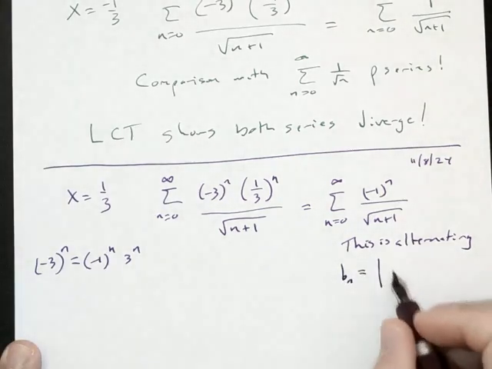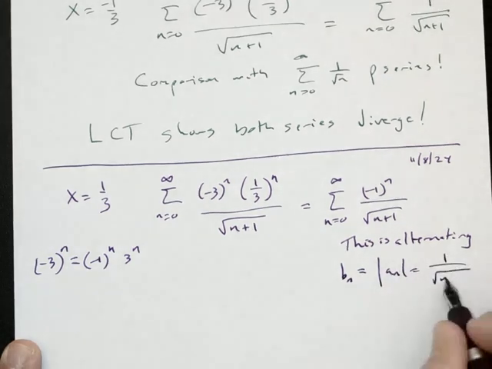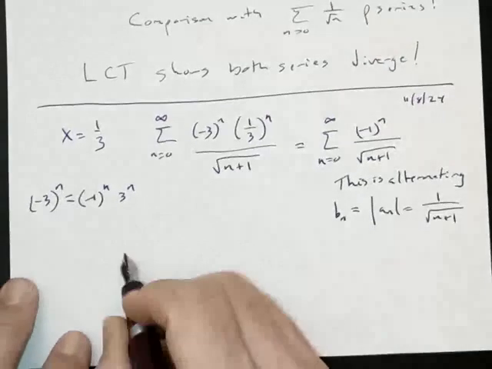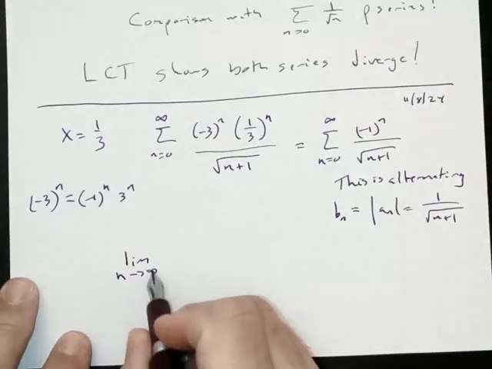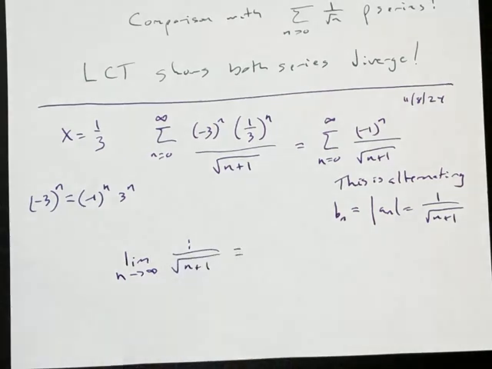I'll call b_n the absolute value of a_n, so that's 1 over root n plus 1. So I do need that term separately anyway, Leo. And now I need to know what happens to that. I need to know what's the limit as n goes to infinity of this.